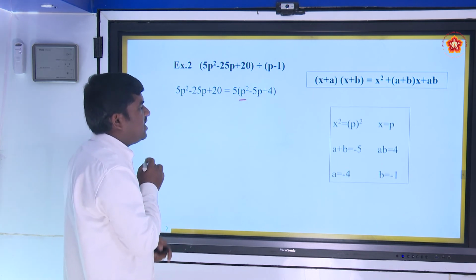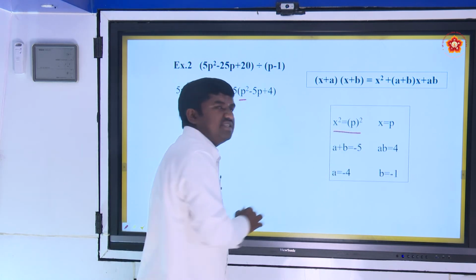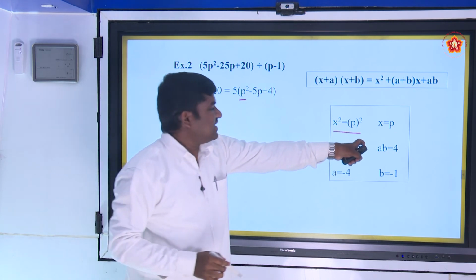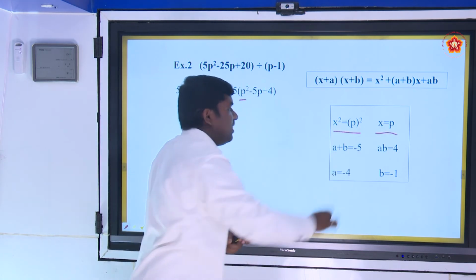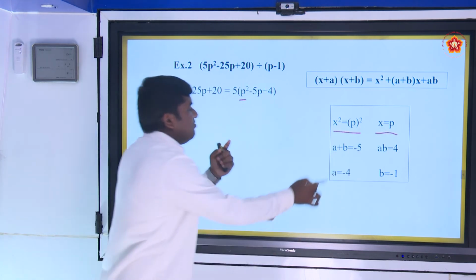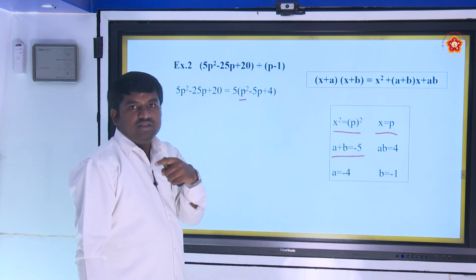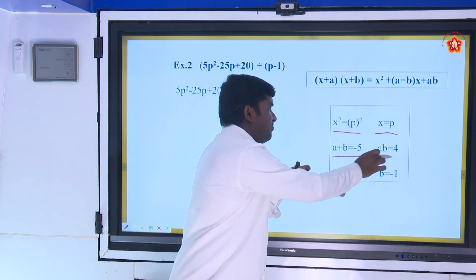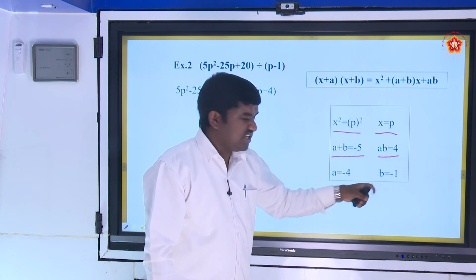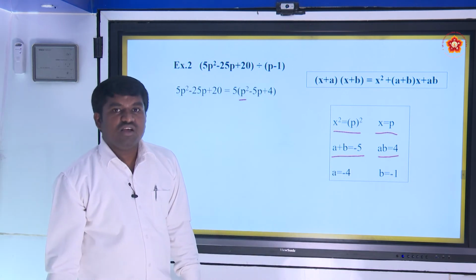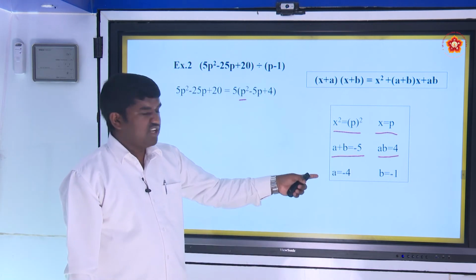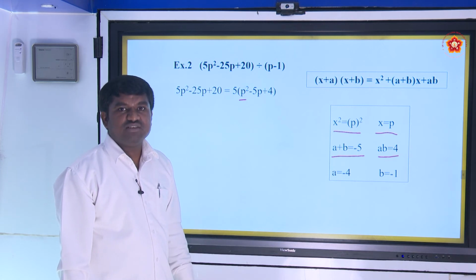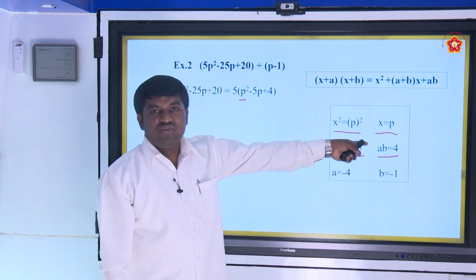P square. In the place of x square, p square is there, so x is equal to p. If we add a and b, we will get minus 5p. If we multiply a and b, we will get 4. So a is equal to minus 4 and b is equal to minus 1. How do we get that? a and b are the factors of 4.